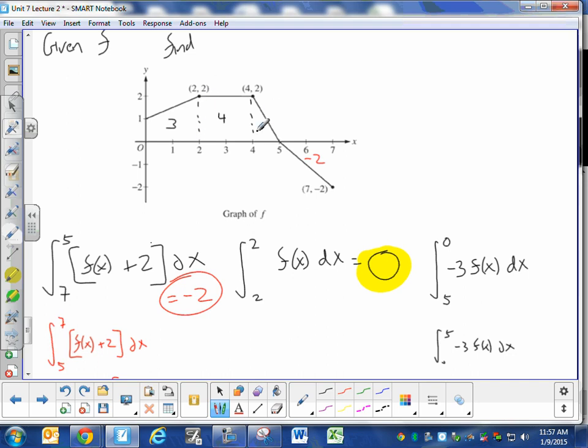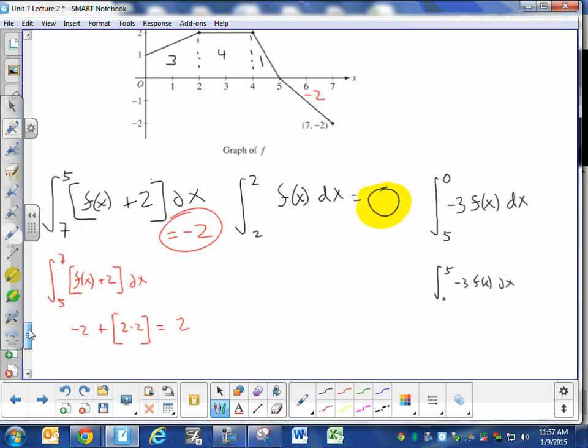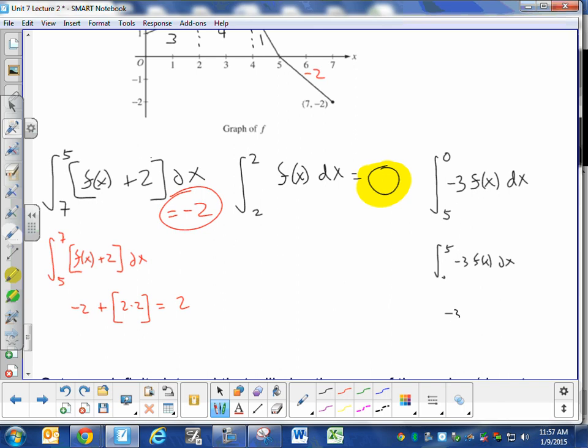That'll be 4. This is a triangle, width of 1, height of 2. So this is 1/2 times 2 times 1, which is just 1. So from 0 to 5, this would be -3 times this area, which is 5, 6, 7, 8. So this would be -24. Well, this would end up being +24.